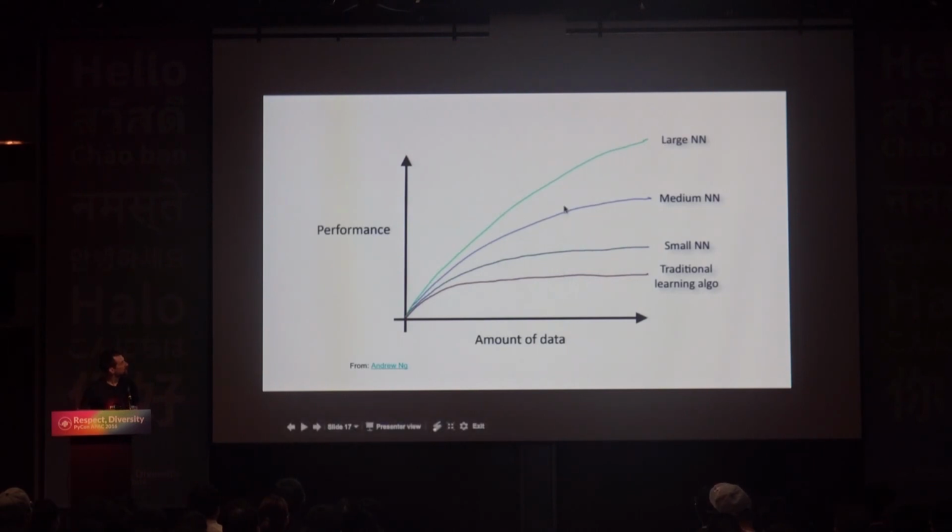We have to have these large neural networks where we can give them more data and have them continue to learn and get better. With smaller or shallow neural networks, even if we give them more data, they don't learn and get better. They don't grow, so we can't continually get better neural networks without having these deep neural networks.